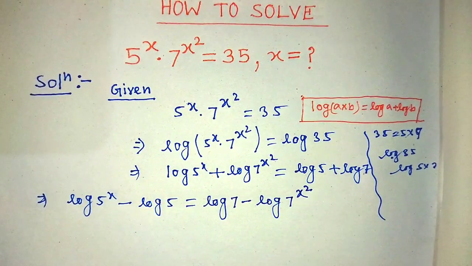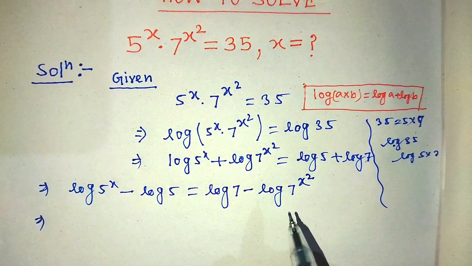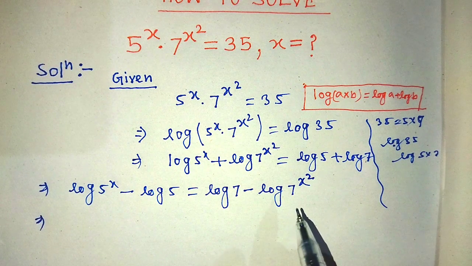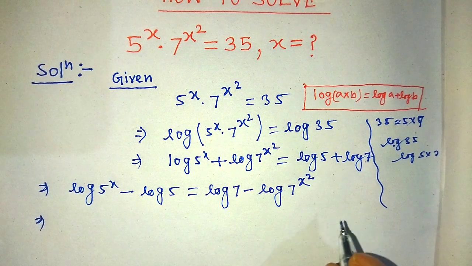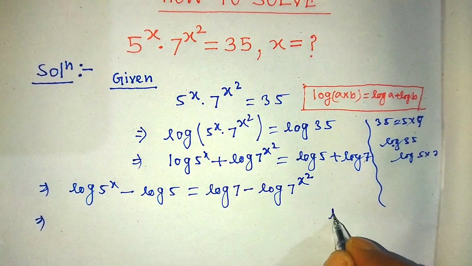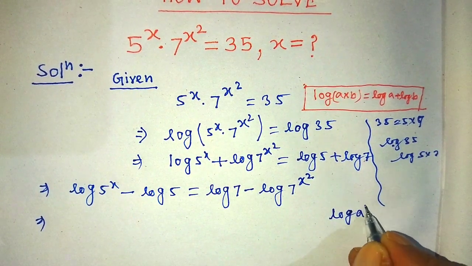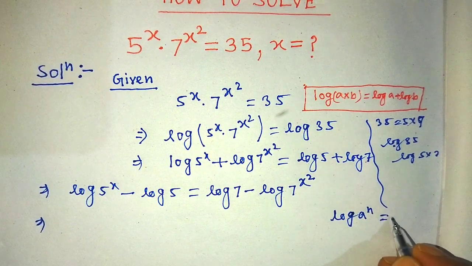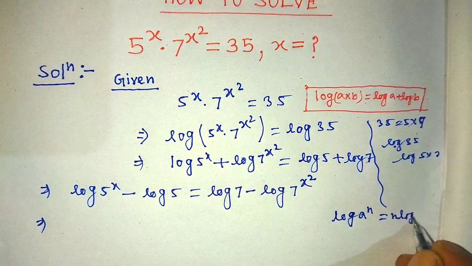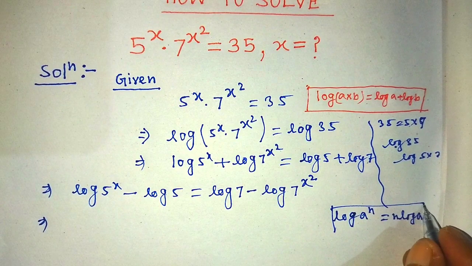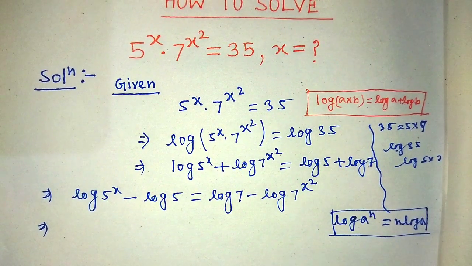Okay. So student, after that, to find the value of x from this equation, we again have to apply the formula log of a to the power n is equal to n into log of a. So this formula we have to apply on both sides. Okay.